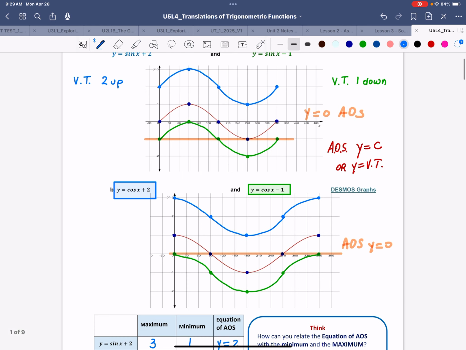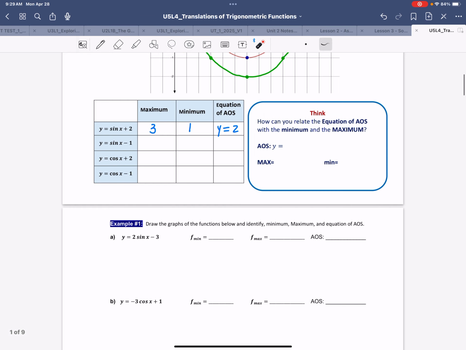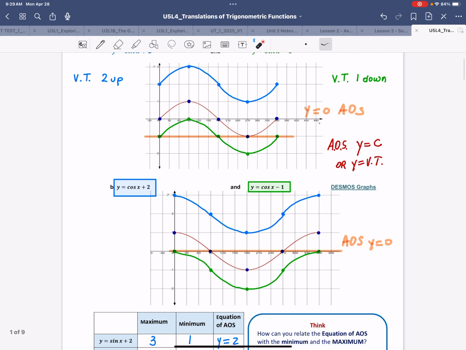Now, for the next function, the sine curve right here, we see that the maximum is 0, the minimum is -2. And the equation of the axis of symmetry has been brought down to y equals -1, so right here. So we're going to say that the same thing happened for the cosine function.